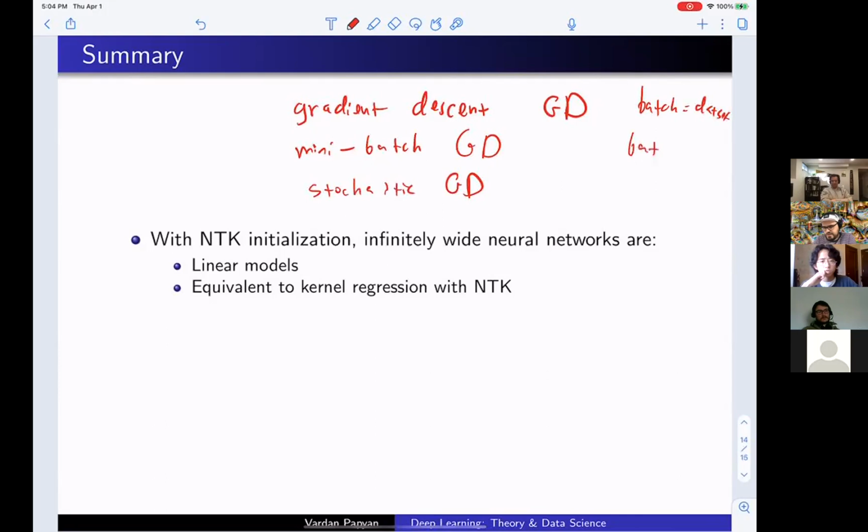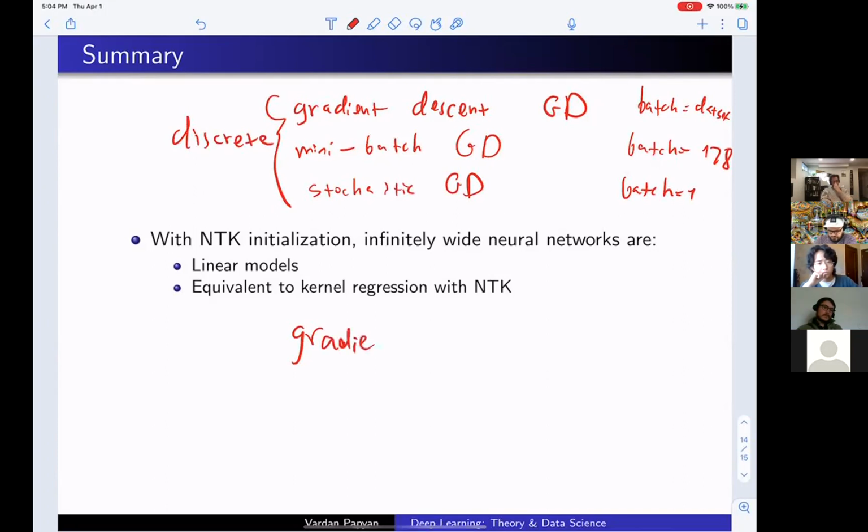Here the batch is equal to a part of the data set, so let's say 128 images. And here the batch size is equal to 1. Now, all of these are discrete. They have discrete steps. Gradient flow, by definition, would have a batch which is equal to the whole data set.